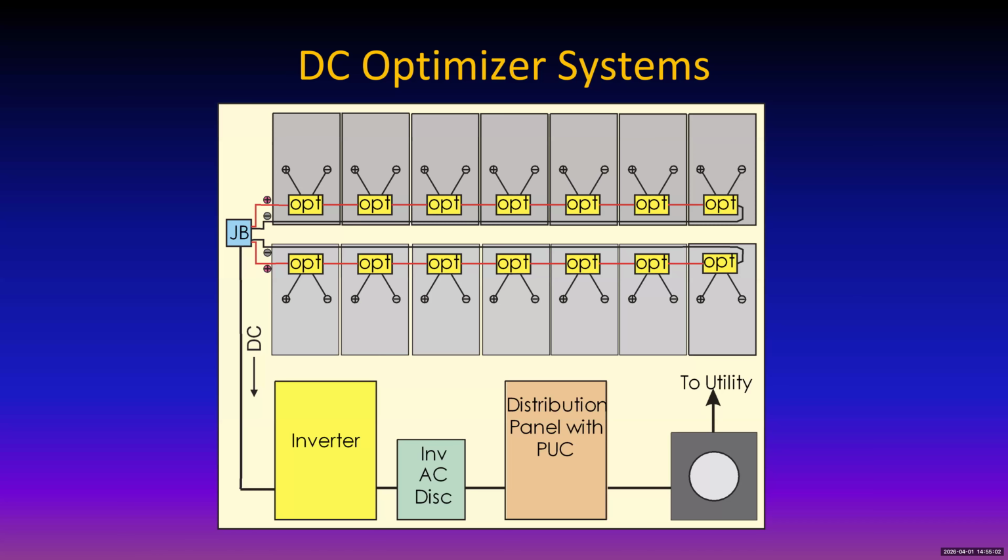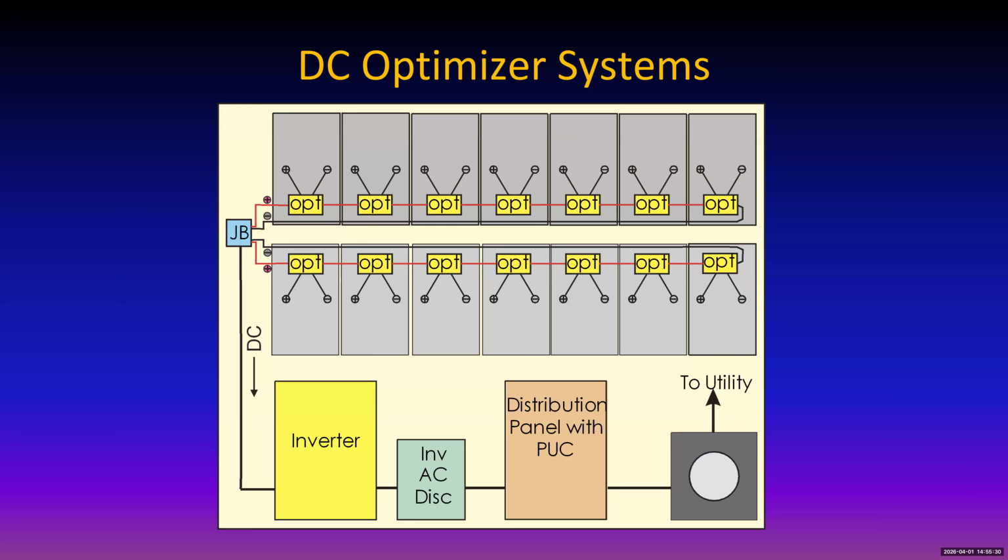So the inverter itself is the controller for this system. It says, okay, guys, today we're going to run at 400 volts per string. So optimizers, it's your job to talk to each other and tell me what you're doing. And I will tell you how much current you're going to need to have in order to get that voltage up to 400, based on the amount of sunlight each of you is having.